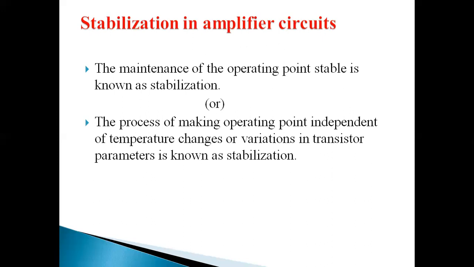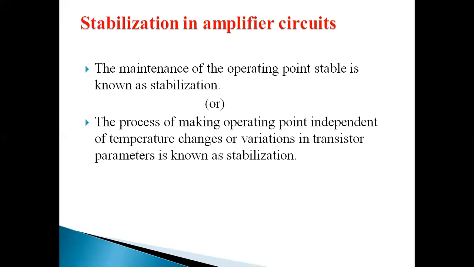And meanwhile, due to variations in VBE and beta, whenever we replace the transistor, even if we replace it with the same transistor of the same type, we may have some changes in the values of base to emitter voltage as well as current gain of the transistor.